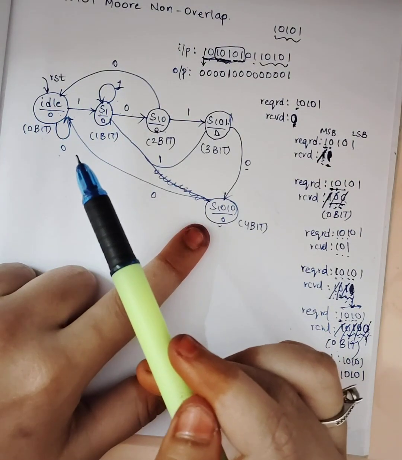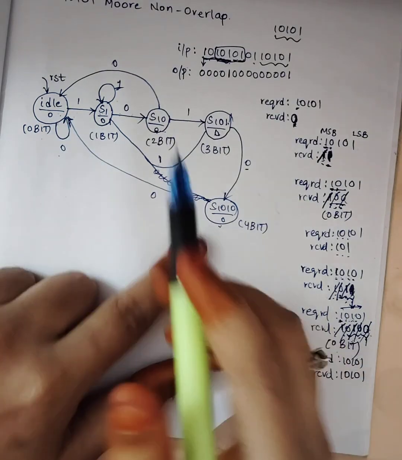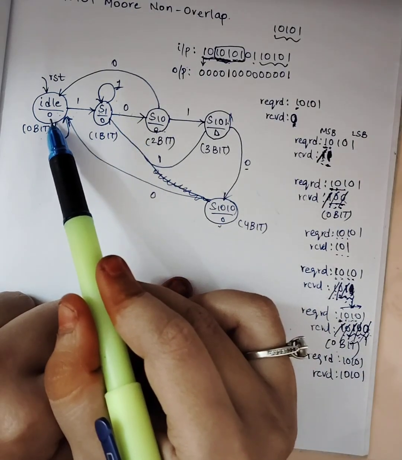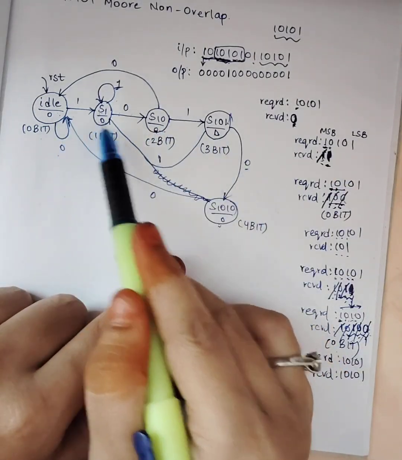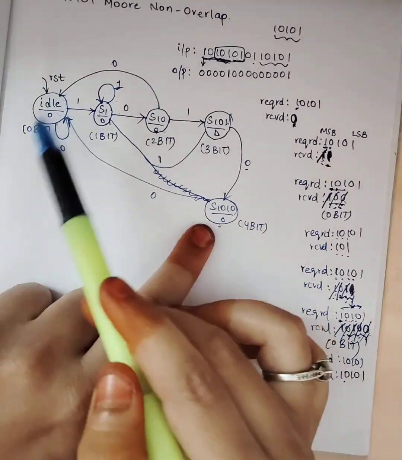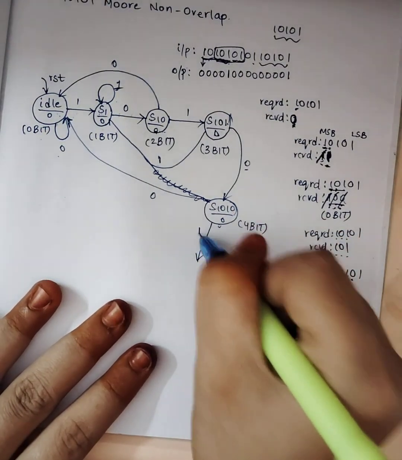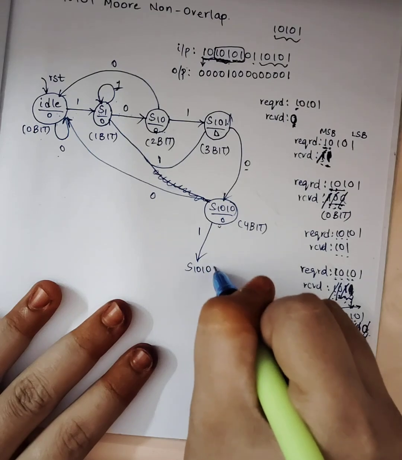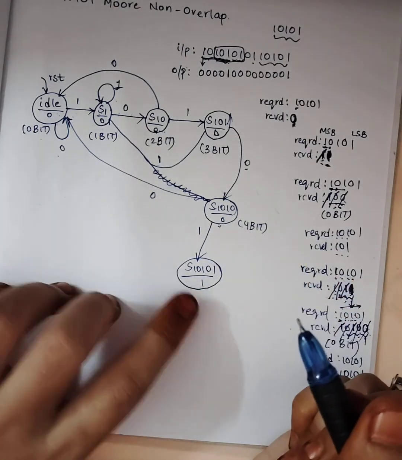In Mealy, we'll go to idle state, but in Moore we should take a new state, because in Moore output depends only on state. Here in every state you have only output 0, but whenever we detect this complete sequence, our output should be 1. So we can't go to idle state. We should take one more new state with output 1.